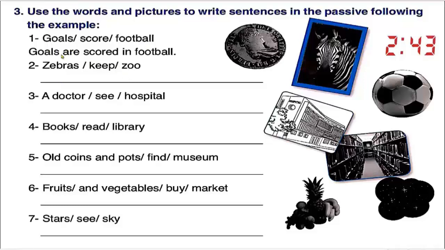Okay, goals are scored. Scored is the third form of the verb score. Goals are scored in football. Okay, 2. Please write the words in a passive voice. Zebras keep zoo. Who can form this sentence?